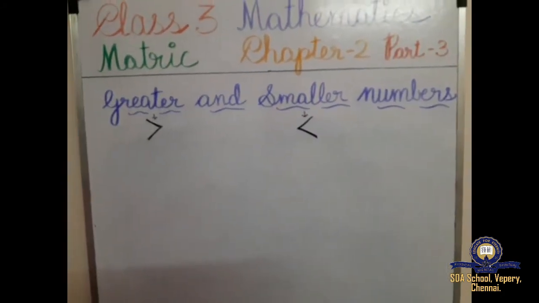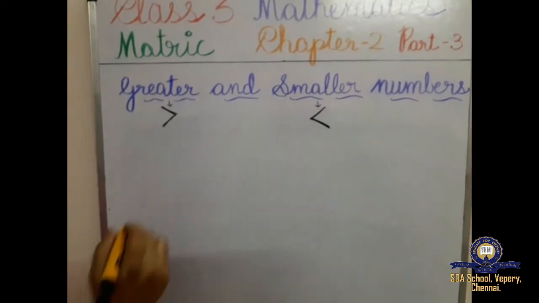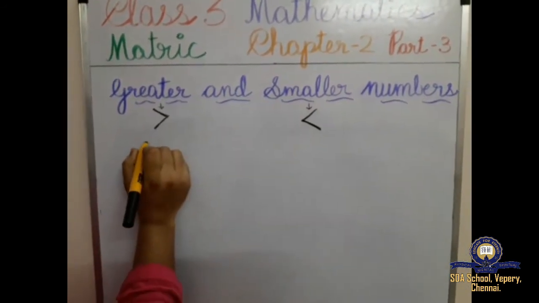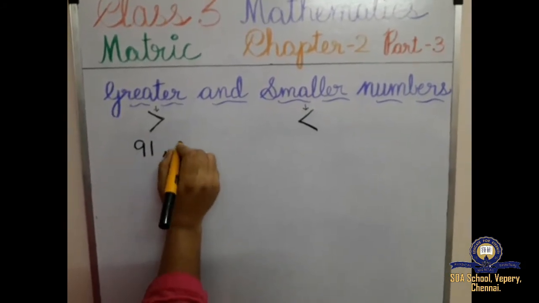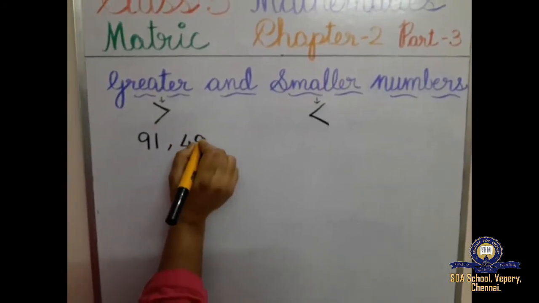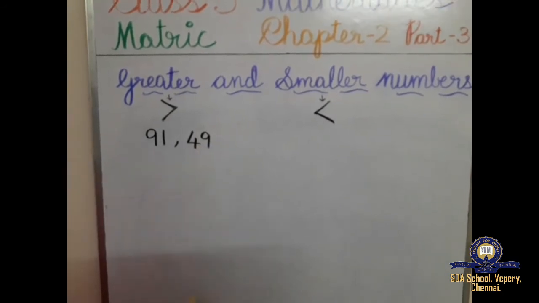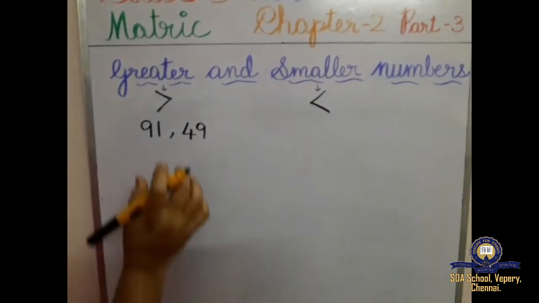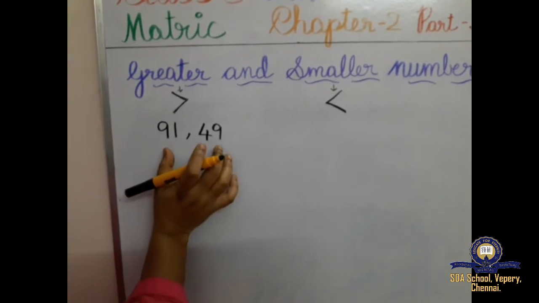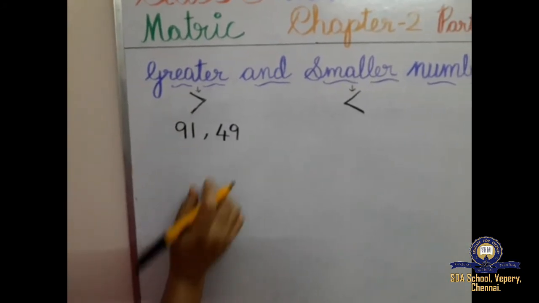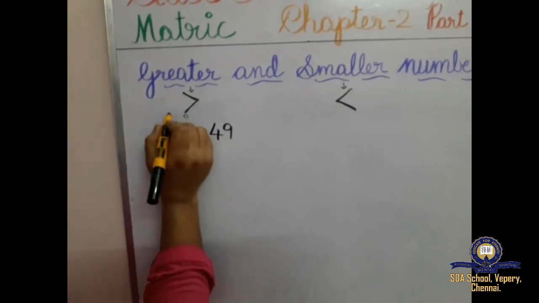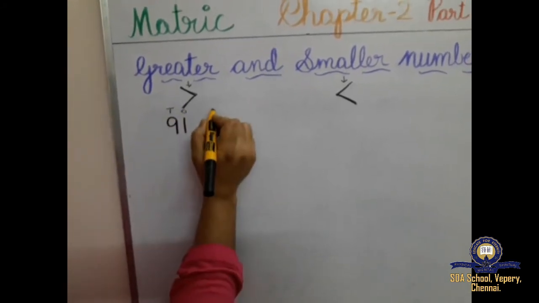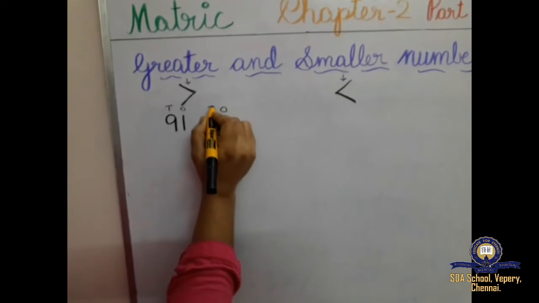Now see, I said 91 and 49. How can we find out which number is greater and which is smaller? First we'll see, this is ones, tens, ones.